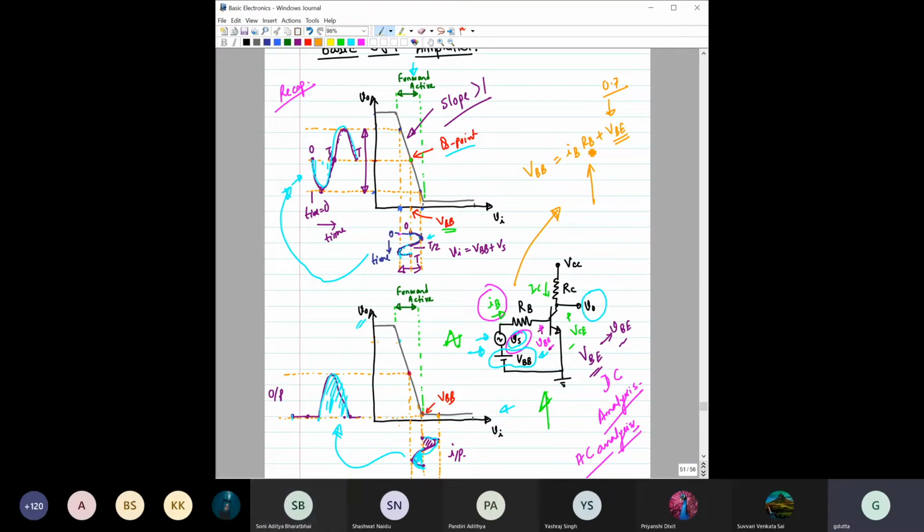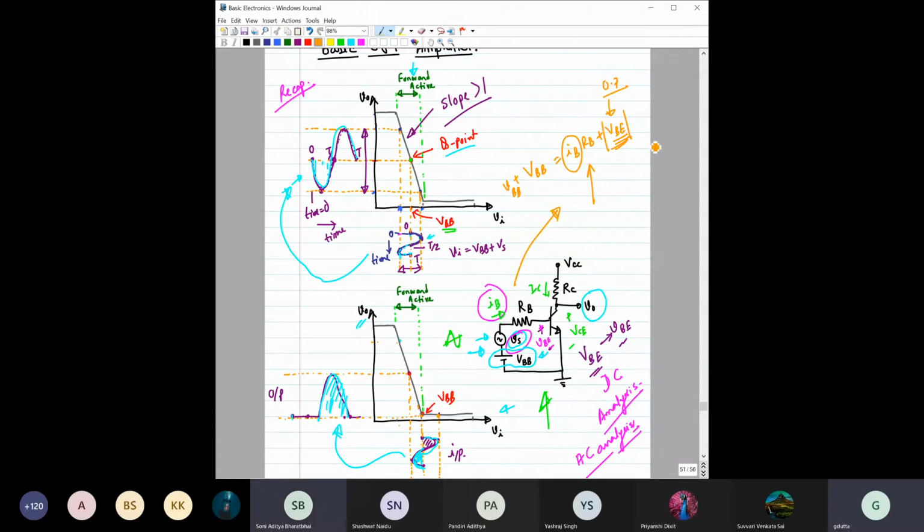But now say that you have a small change in this V of BB. Then that is going to impact this V of B as well, isn't it? Now, how is this V of B related with IB? Are you getting my point?